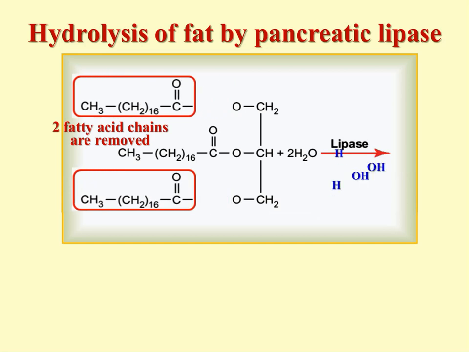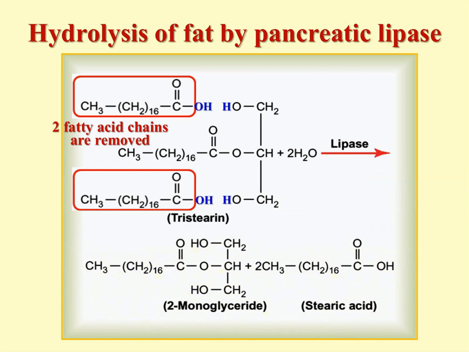Then two H atoms are added to the glycerol, monoglycerol, so that OH groups are formed, and the other OH groups are added to the fatty acid chains. So you can see the result, for example, given here tristearin: formation of a monoglyceride with the fatty acid chain in the second position, so it's 2-monoglyceride, and stearic acid.